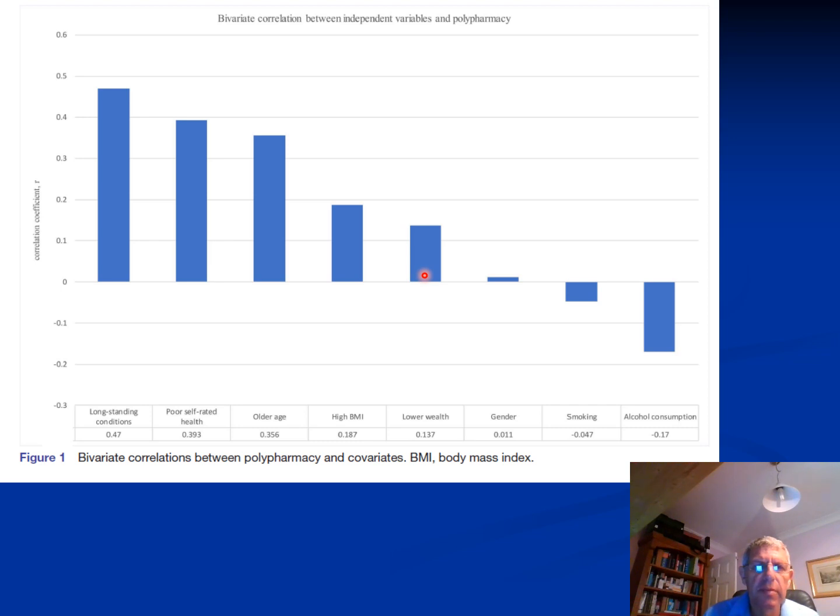So it's interesting that people with lower wealth are more likely to receive more drugs. Gender doesn't seem to have much association, and perhaps surprisingly, people who smoke and drink have lower levels of polypharmacy.